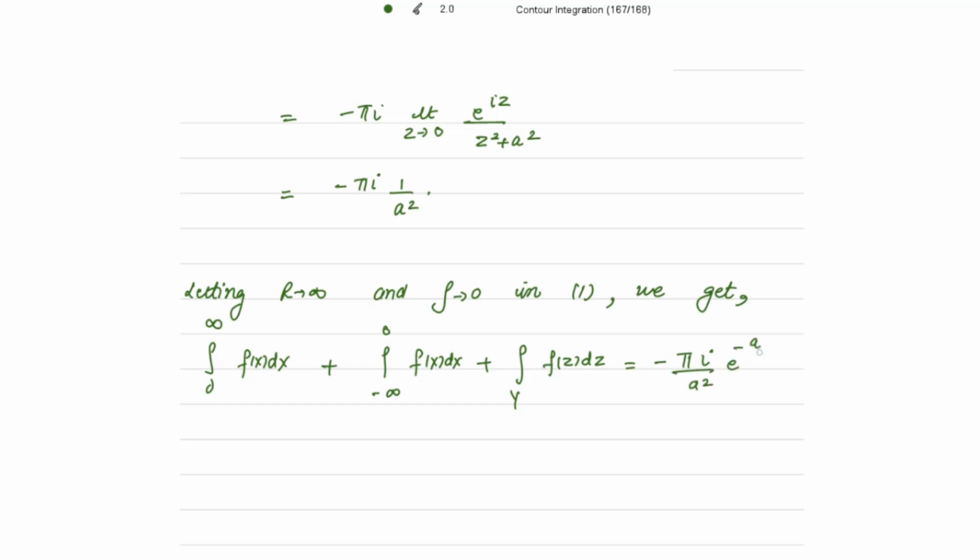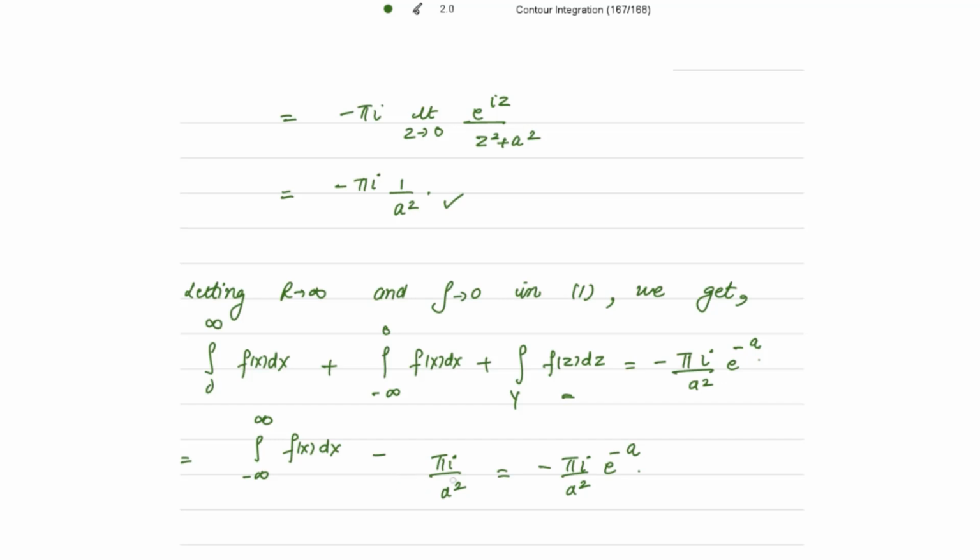E raised to the power negative a. And because I have already calculated the value for this, I am putting this value over here, and I'm just merging these two. This is from negative infinity to infinity f of x dx plus the value, negative pi iota, so this is minus pi iota over a square, is equal to minus pi iota over a square e to the power negative a.